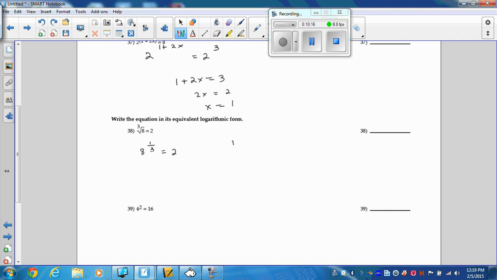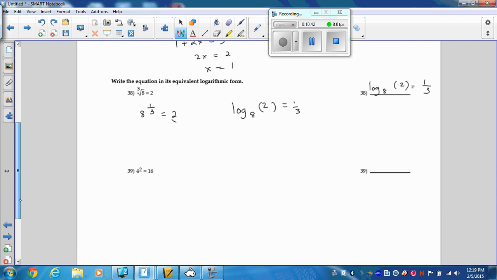So it's log base 8 of 2 equals 1/3. Recall that this is the base, this is the y part or the answer, and this is what we took the log of. So those are the basics of that.